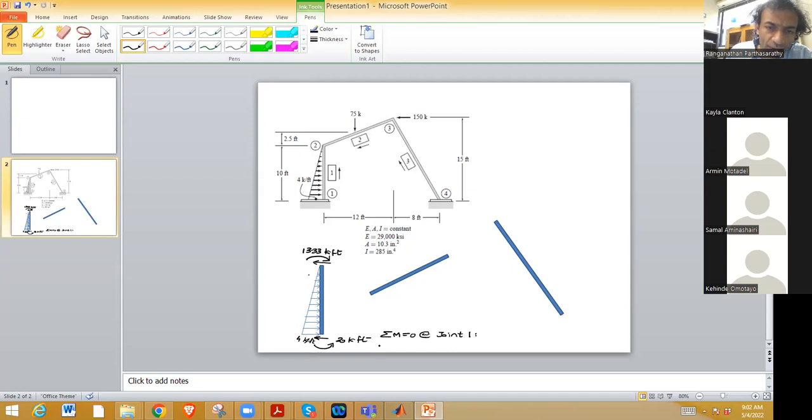You have negative 13.33 and positive, whatever reaction is at that end, we will call it R2 times 10 feet, and then positive 20 equals 0.